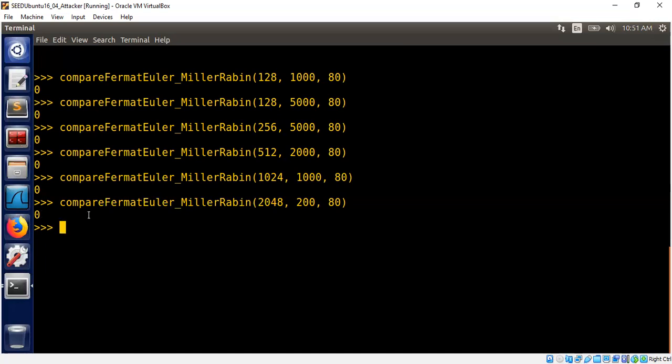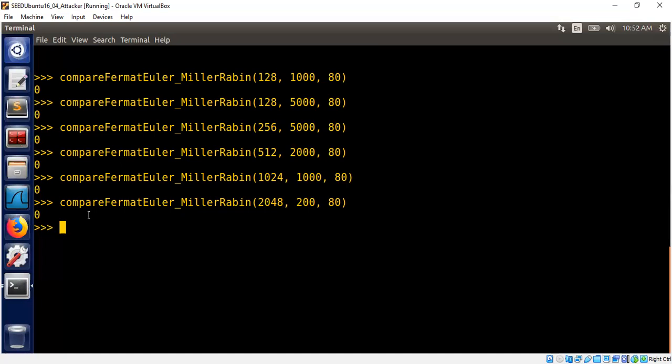So the main message is that for random inputs, you are very likely not to find a Carmichael number. Therefore, both Fermat-Euler and Miller-Rabin would correctly declare a composite number as composite, with a very negligible probability of declaring it prime, unless you create a backdoor into the random number generation and try to trick both algorithms.